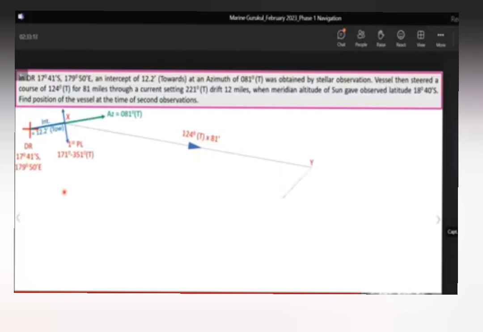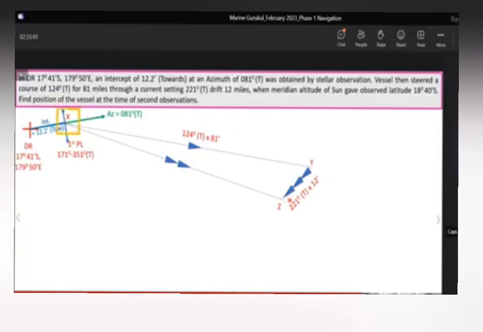At Y we apply the current 221 for 12 miles, and we get point Z. From chart work knowledge we know X to Z is our CMG and DMG, course made good and distance made good. Now we know that point X stands transferred to point Z.